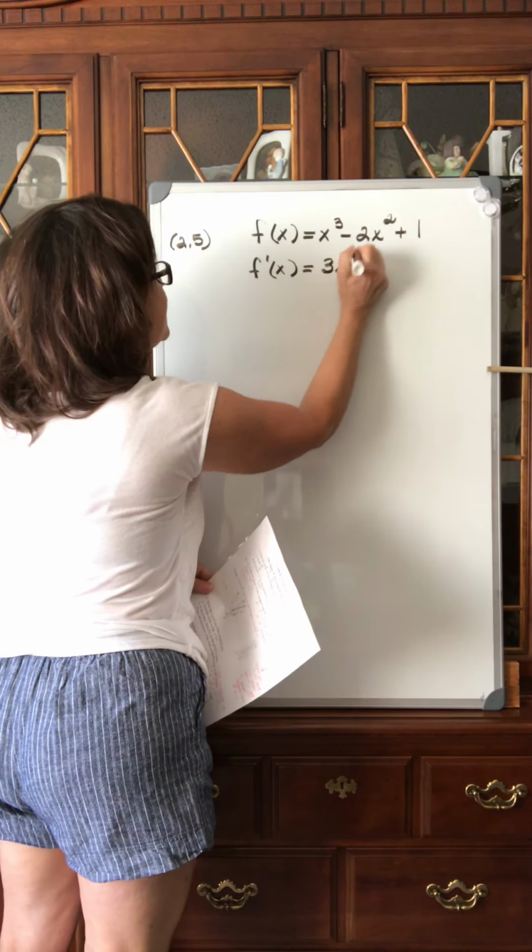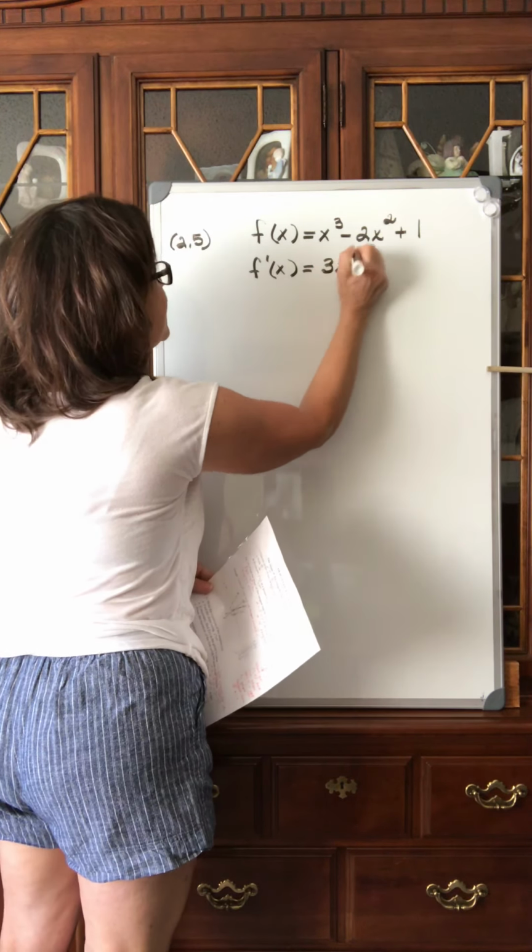If I plug in my x value of the point to the first derivative, it's going to give me the slope of the line tangent to this curve at this xy ordered pair. So my slope will be f prime of the x value of 2. So it's going to be 3 times 2 squared minus 4 times 2, 12 minus 8.